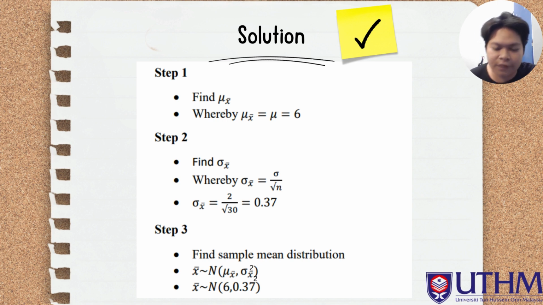Step 3 is to write the sample mean distribution, the normal distribution for the sample mean. X bar sample distribution is normally distributed. So the mean for the sample distribution is 6, and the standard deviation is 0.37 squared because we put here variance.